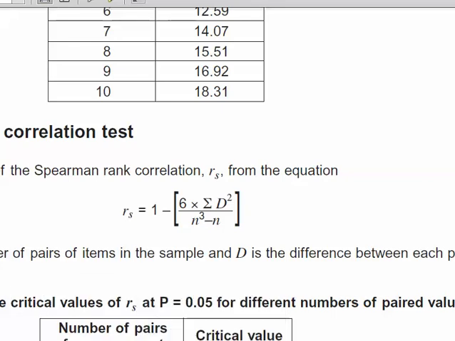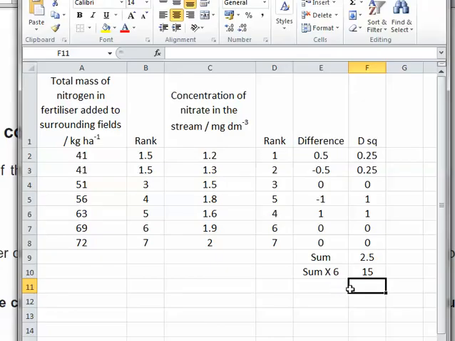So if I go back to my spreadsheet, the number of values is 7. So if I put in n cubed, it doesn't let me, I'll just put n cubed minus n.